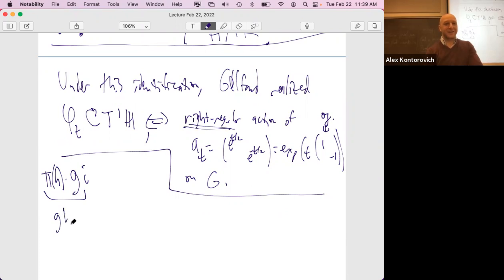Because I understand that we're going to want some sort of compatibility, like having them on opposite sides. Okay, so you said left was discrete? Yes, we act by the discrete group on the left of G, and we flow on the right. Right, the flowing is certainly not discrete.